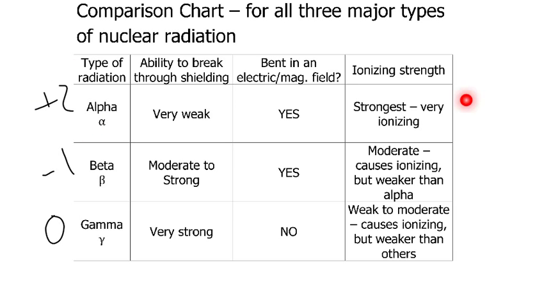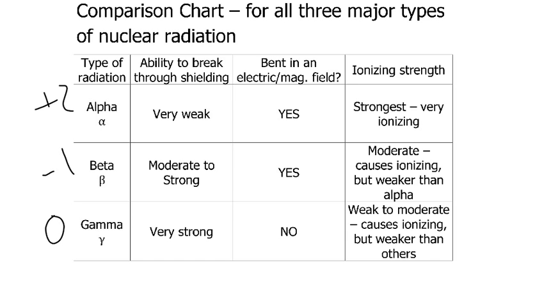So alpha is the strongest ionizing radiation. All right. Beta is moderate, second strongest ionizing, and then the weakest at causing ionizing is gamma, because gamma doesn't have a charge. It can still ionize things, but not as much as the other two.